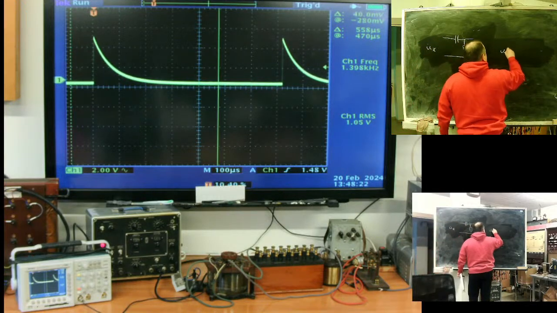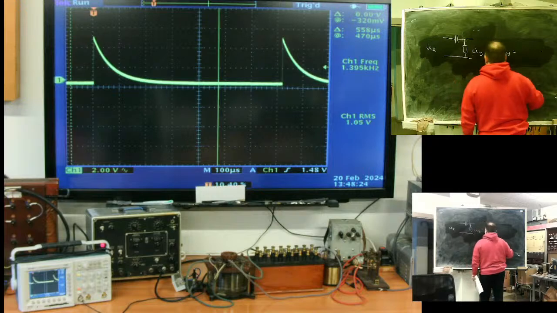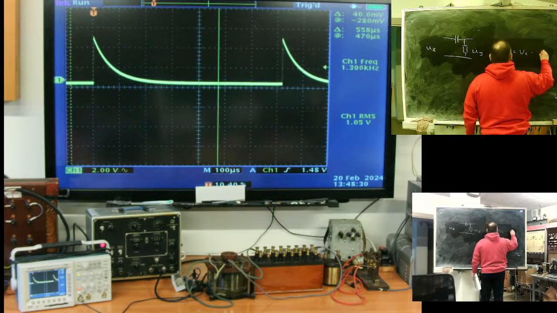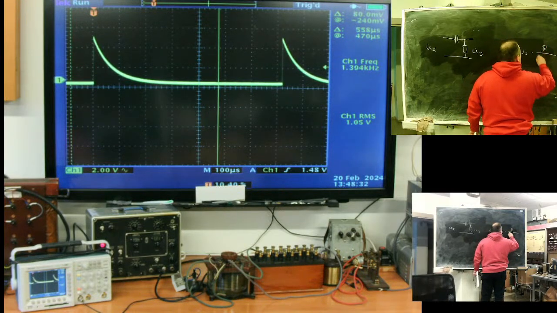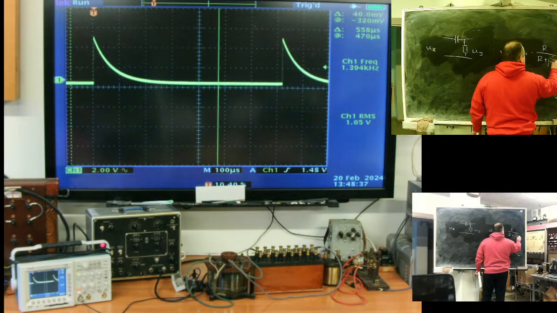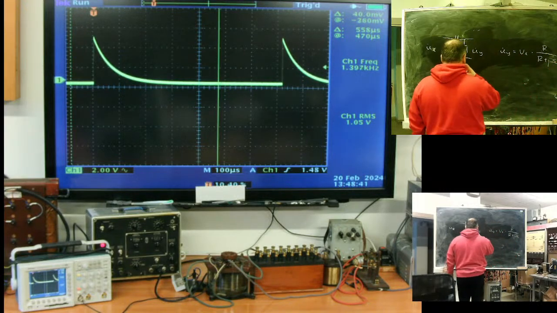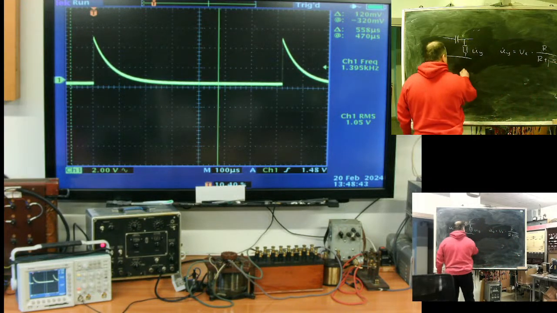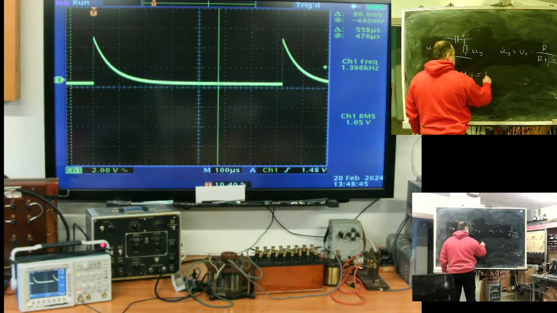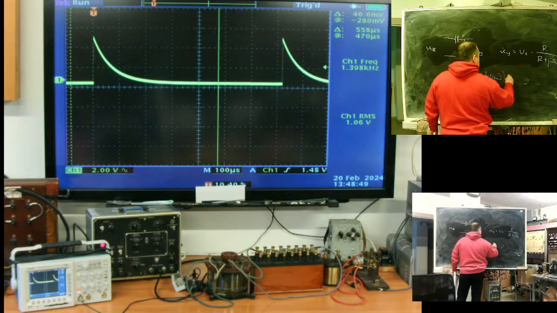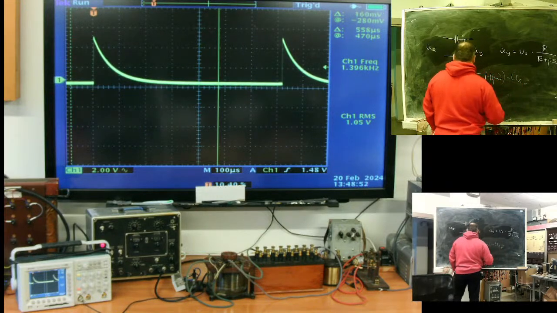I can write Uy as Ux multiplied by 1 divided by 1 plus j omega C. Very simple. I can write Uy as a transfer function multiplied by Ux.